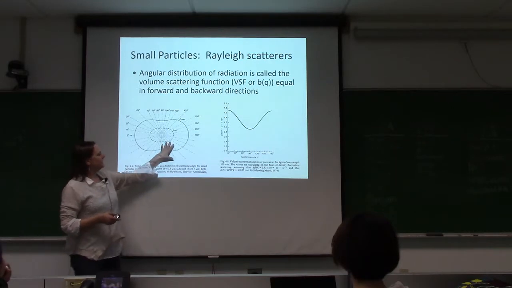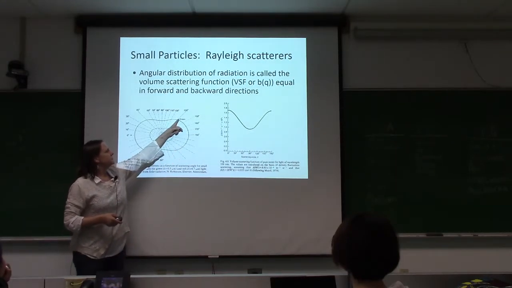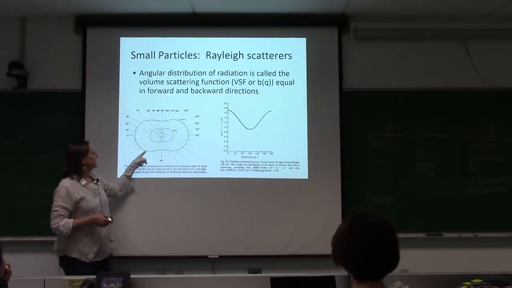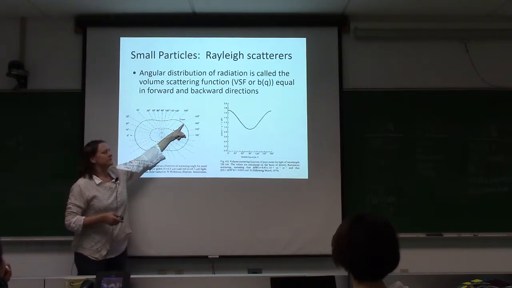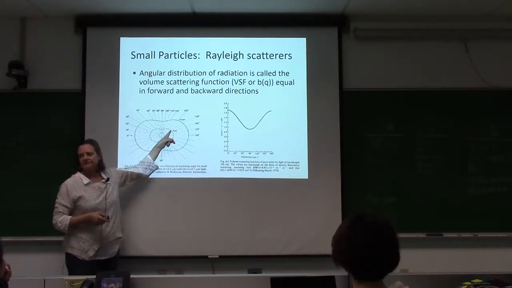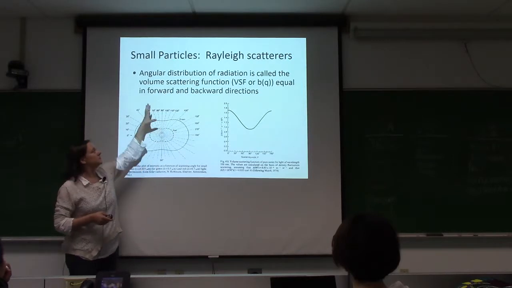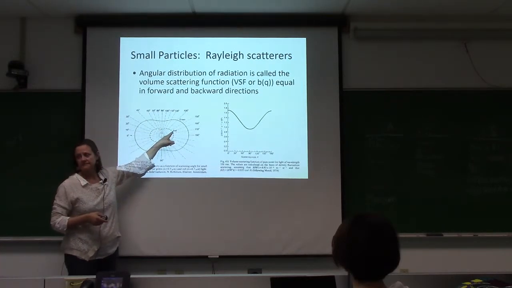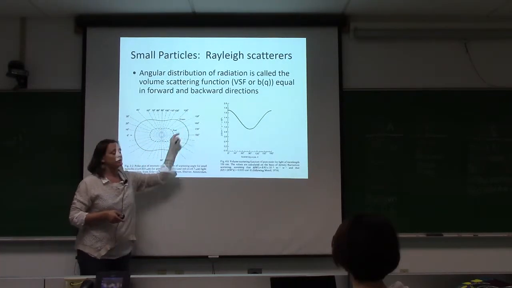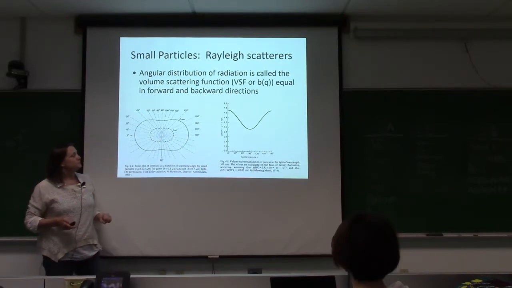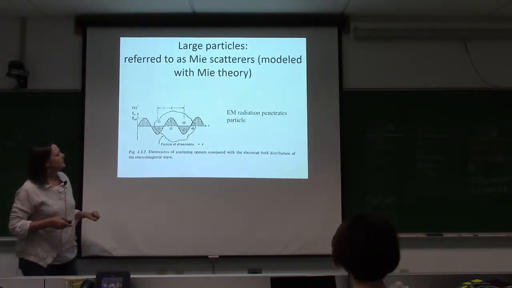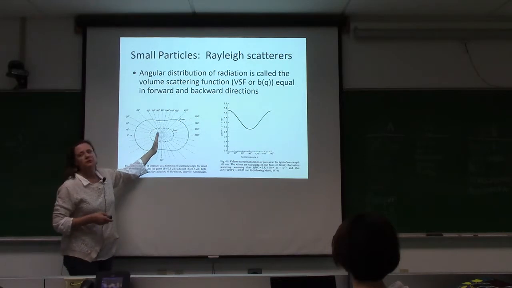And what you notice is that on this diagram, they show the scattering vectors for green light and for red light, and they're different. Right? So for small particles, the scattering for red light is lower than it is for green light. And you can imagine where blue would be, right?